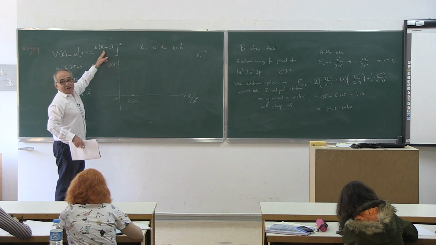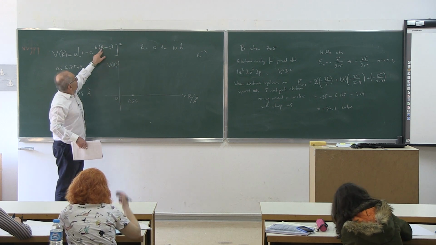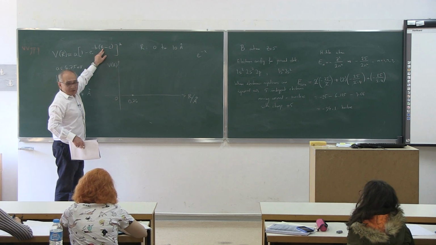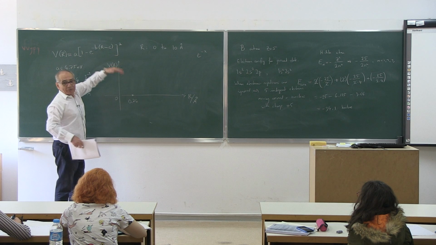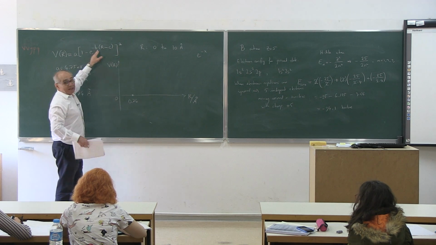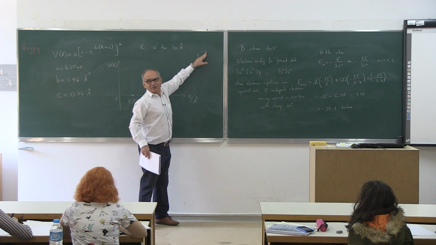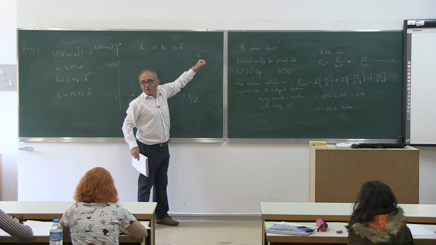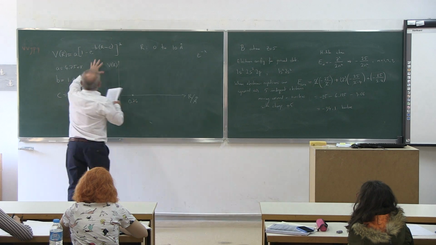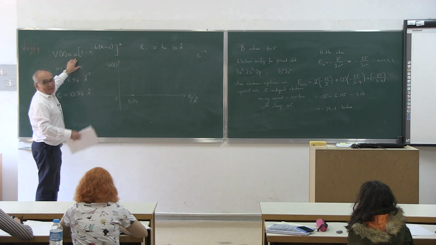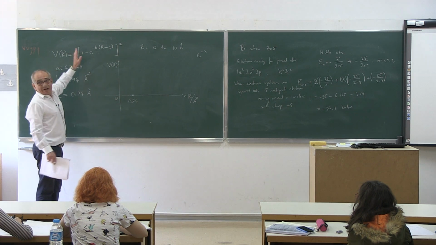If R is very large, then you may ignore C relative to R. Then B times R will be very large, but there is a minus sign here. What happens when x is very large? E to the minus x becomes 0. So for very large values, this becomes 0, and the value of the potential is just A.